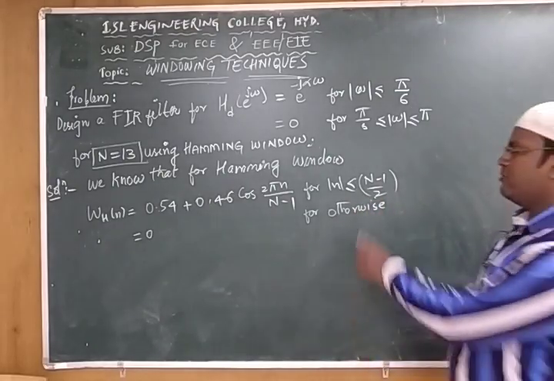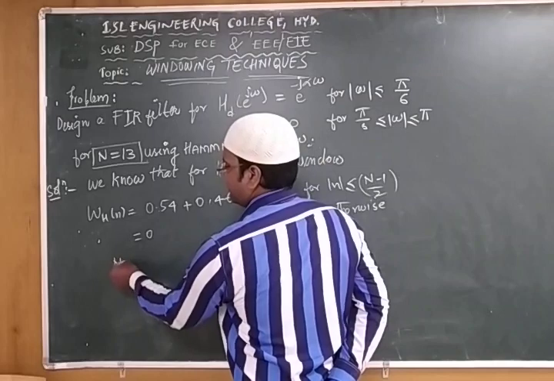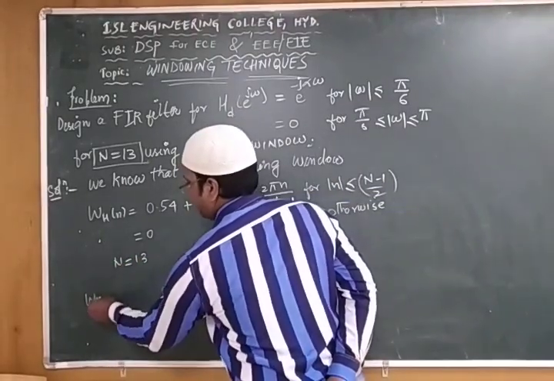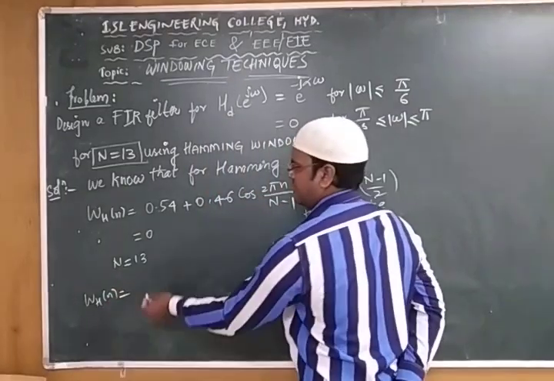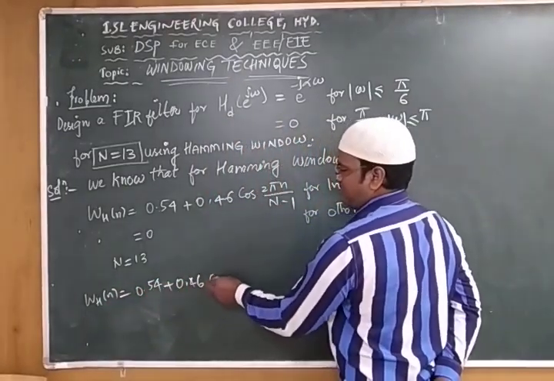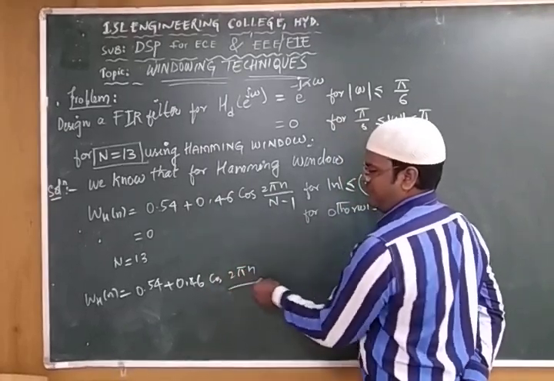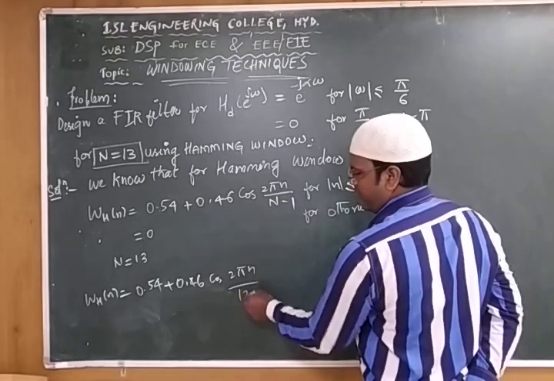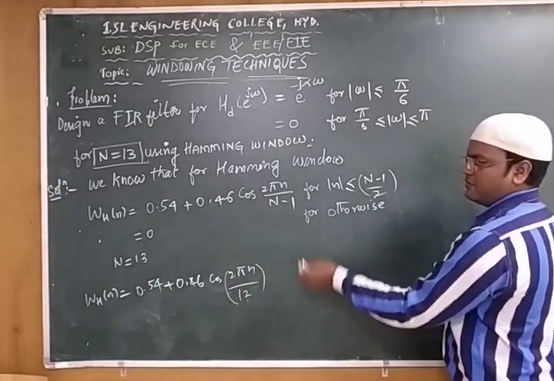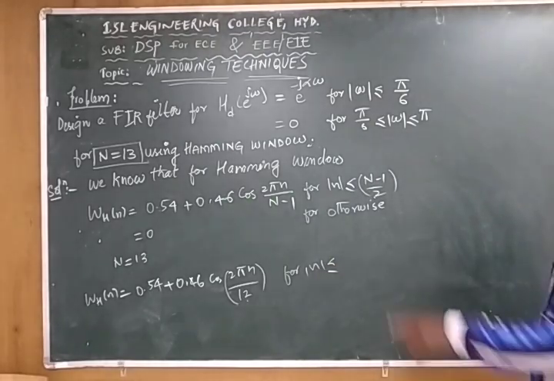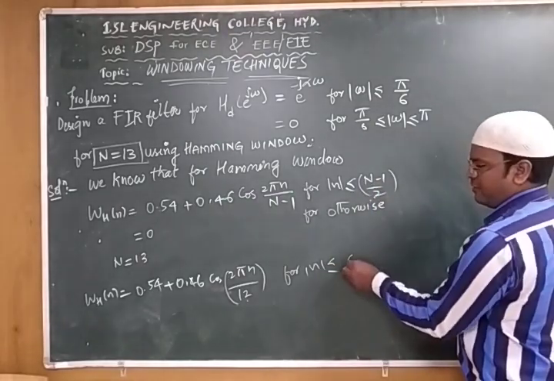What is the given N value over here? N is equal to 13. So substitute 13 in the condition. W h of n is equal to 0.54 plus 0.46 cos 2 pi n by capital N minus 1. N is 13, 13 minus 1 is 12, right. For mod n less than or equal to, substituting N, 13 minus 1 divided by 2 will be 6.